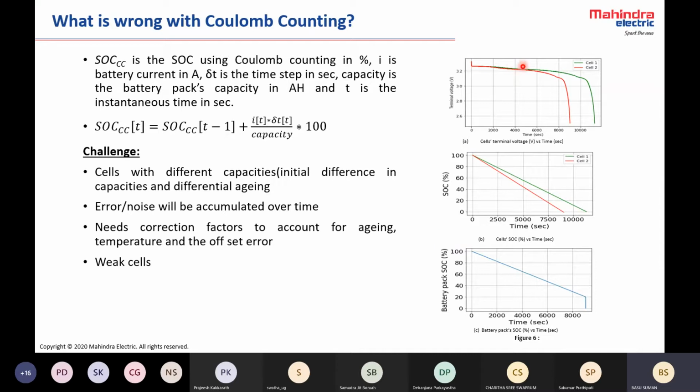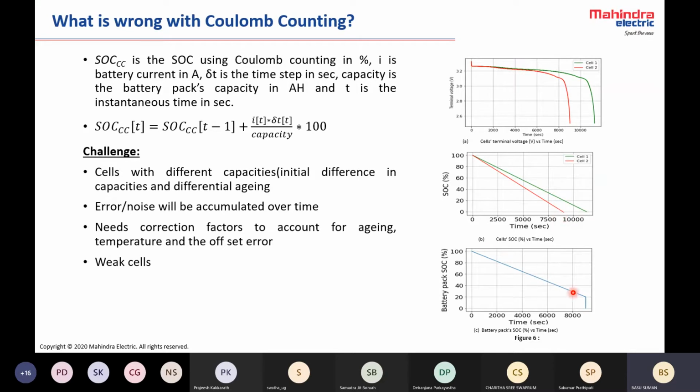As you can see here, we have two cells, about 10% difference. So what will happen in that case? If we consider cell 1, then we will always be following cell 1. So if we start calculating SOC on the basis of cell 1, then this is the real SOC. But in the battery pack, what will happen?